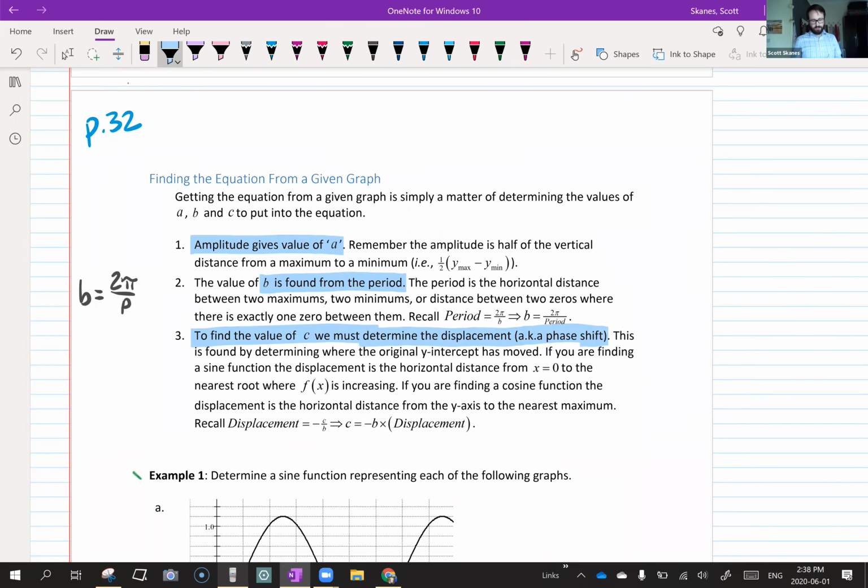You just need to see where it's moved from the original function. And it says something really sneaky down here. It says C is negative B times your displacement. It's kind of well hidden, but you can get this stuff. All right, so A is just your amplitude, B is 2 pi over P, C is negative B times D, and the most important things we need really are the amplitude, the displacement, and the period. So let's go ahead and do that.